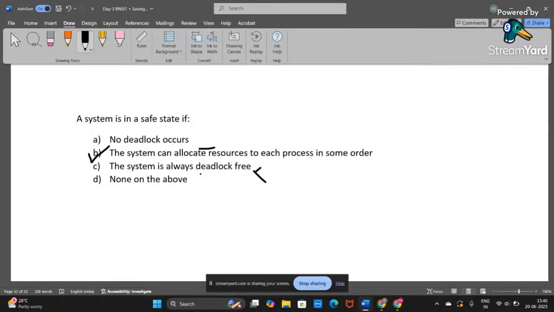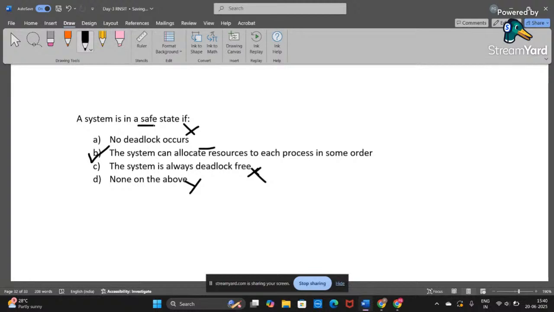Now let us use the elimination method. No deadlock occurs. No, this is not the right answer. This is also not the proper answer for the safe state. The deadlock may occur, but the system can allocate resources to each process in some order.